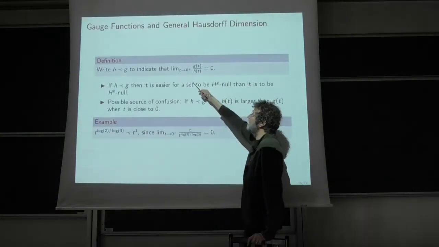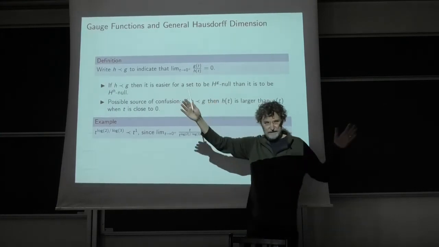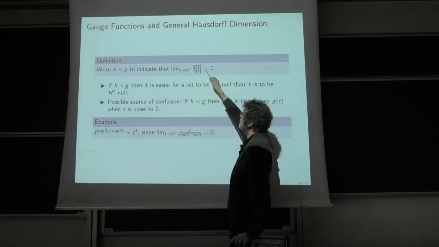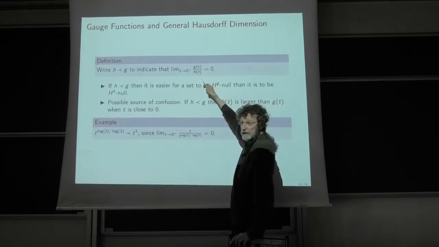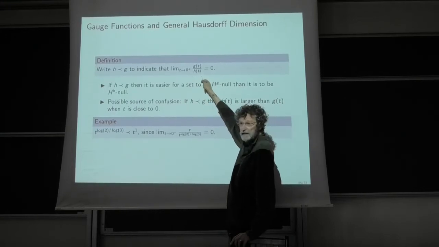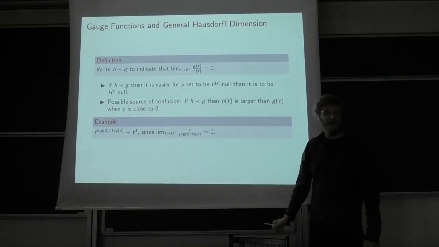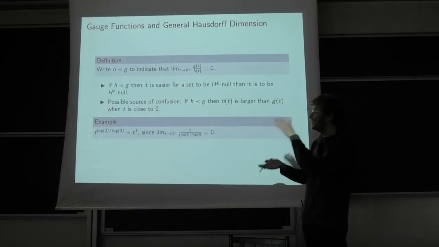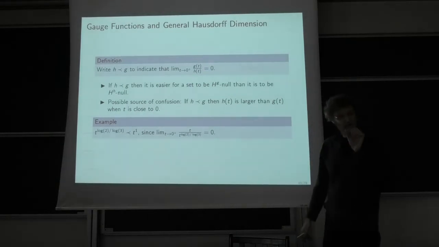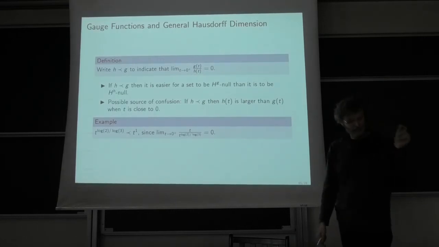It means that in the limit as t goes to 0 from the positive, as the scale gets smaller and smaller, G is smaller than H, by some kind of better than multiplicative factor. The ratio between G and H is going to 0. So H comes before G means, unfortunately, that H is bigger.